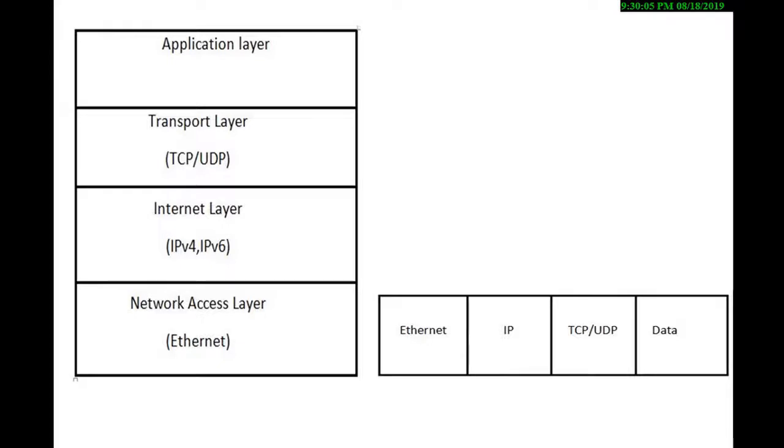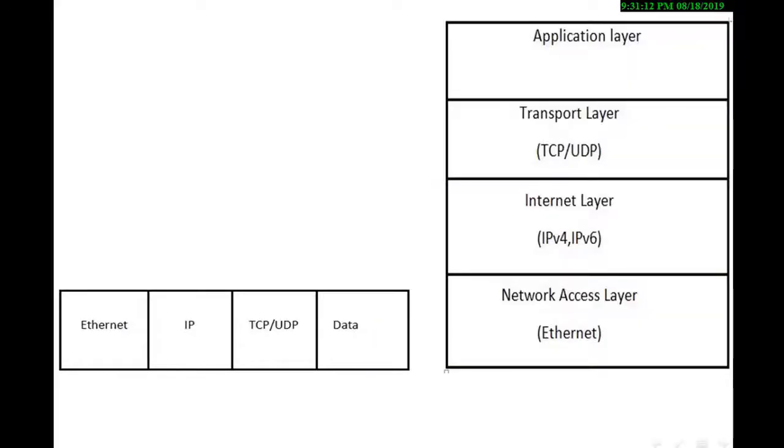The network interface card will convert this whole packet into the related bits and send it through the wire or any other medium. On the other side, the network access layer looks at the Ethernet header, and based on the information in the fields of the Ethernet header, it sees that this packet is destined to the network interface card, the MAC address.